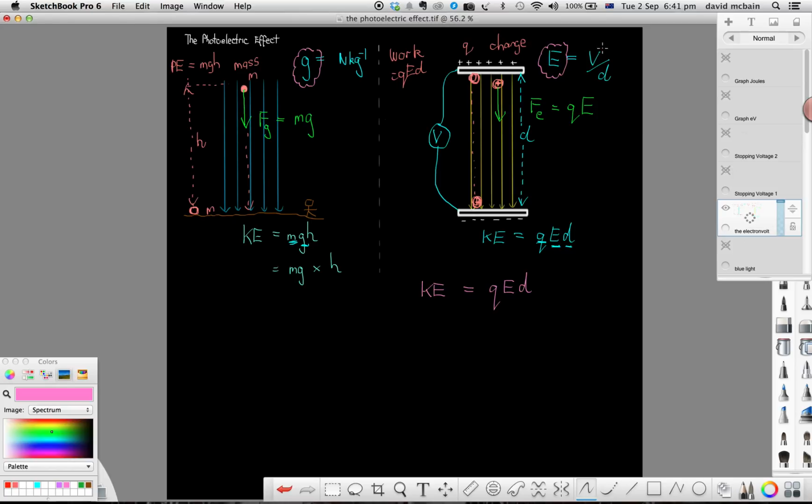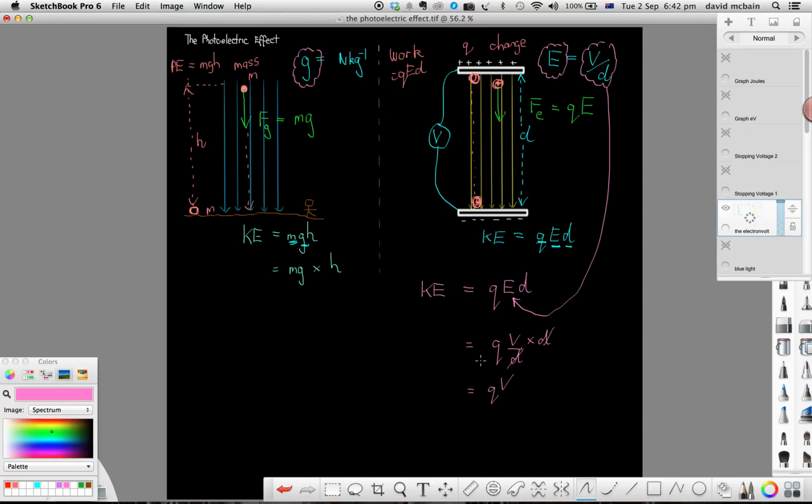So if I now take V over d and substitute it where I see the E, I will end up with the kinetic energy of our charged particle as it hits the opposite plate equal to Q times V over d times d. And the d's cancel. And so what we end up with is the kinetic energy is equal to Q times V. In other words, the kinetic energy of our charged particle will simply equal the charge on the charged particle multiplied by the voltage between the plates.